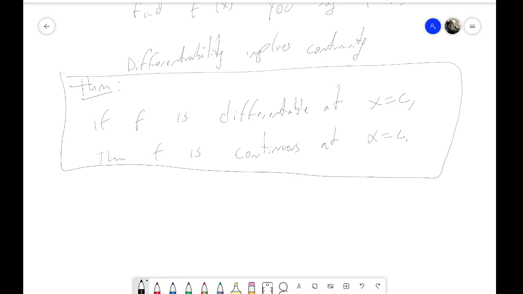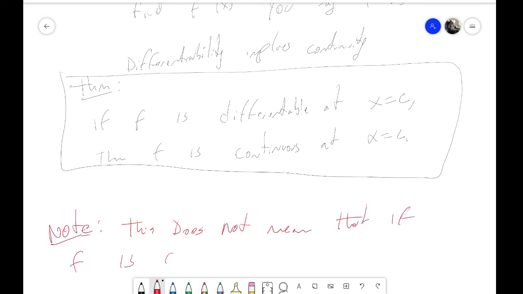The converse of this is not true. Note this does not mean that if f is continuous, then f is differentiable. A lot of people make this mistake.